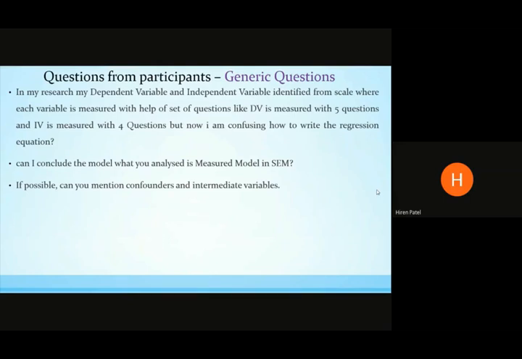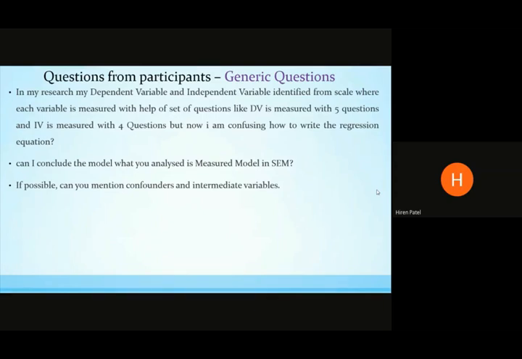If possible, can you mention co-founders and intermediate variables? Yes, co-founders. Co-founder means when you assess the entire analysis with the use of one independent variable, all other independent variables are known as the co-founders. For example, if I am assessing a relationship between SPI and CMAT score, then in my case, my reading hours and sleeping hours are known as the co-founders.